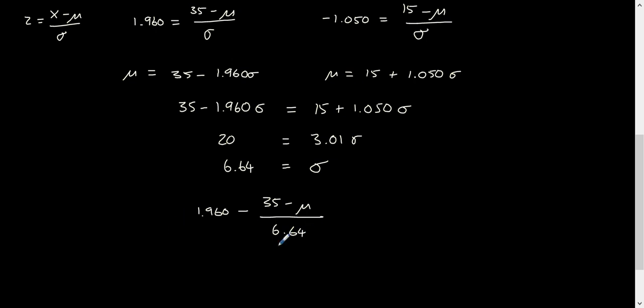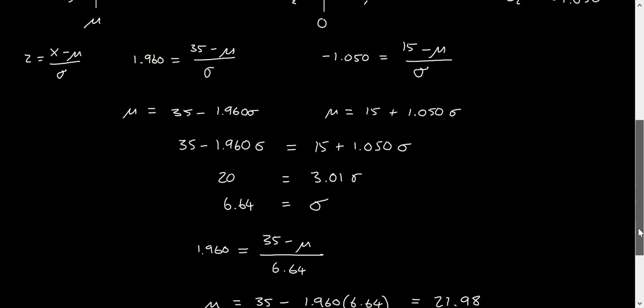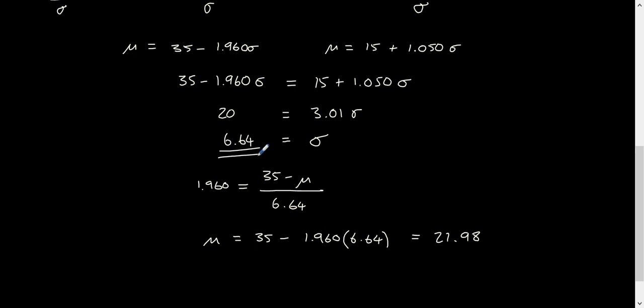So that means that mu is going to be 35 minus 1.960 multiplied by the 6.64, which comes out as 21.97, so 21.98. And we have done. We have calculated sigma, 6.64, and mu, 21.98.